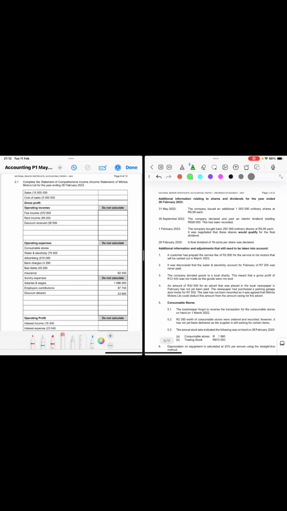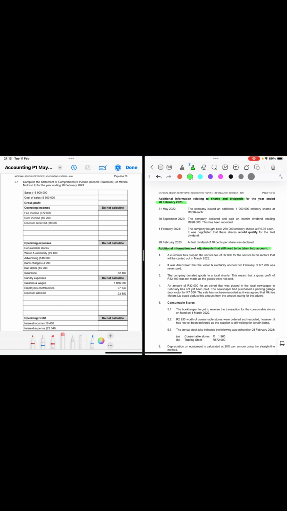Additional information relating to shares and dividends for the year ended 28th February 2023. So this is share and dividends information. That won't be affecting our statement of comprehensive income, so we'll be coming back to that later for the other questions. And then we have additional information and adjustments that still need to be taken into account. So this is what we'll be looking at for our statement of comprehensive income.